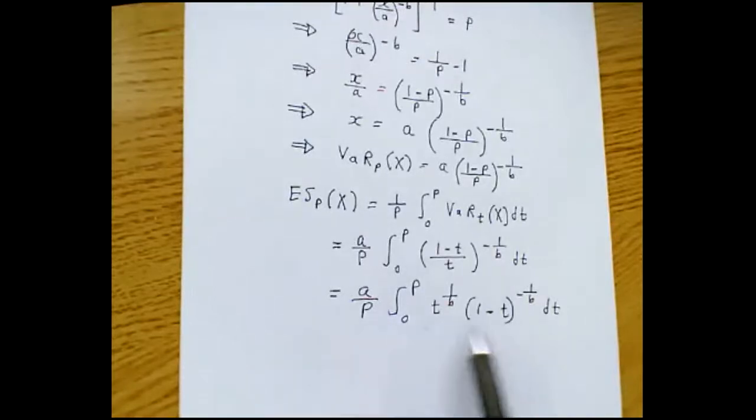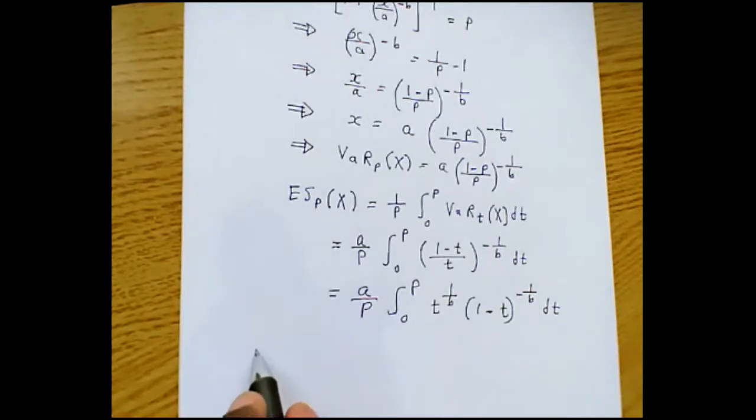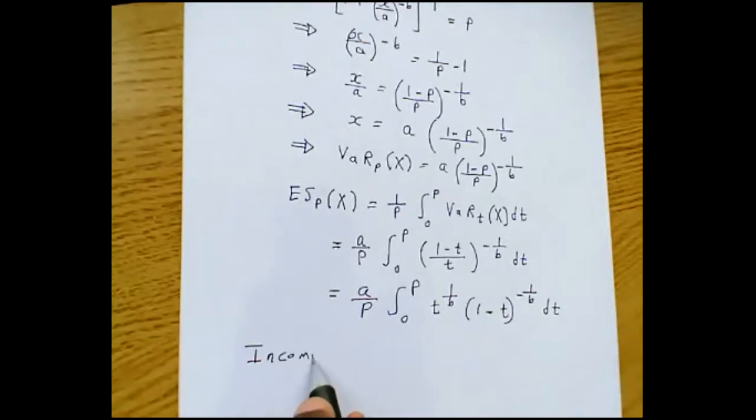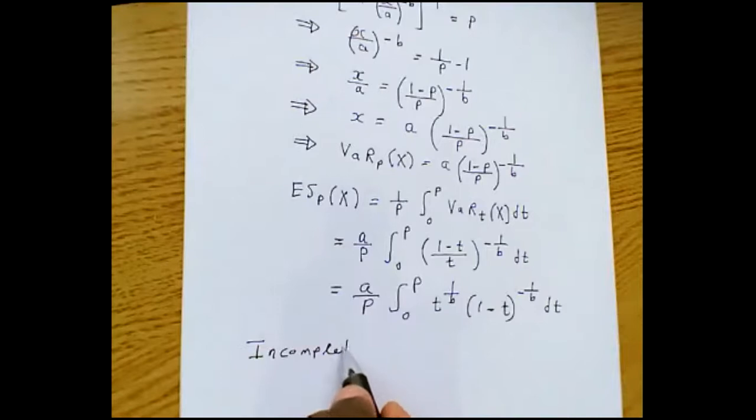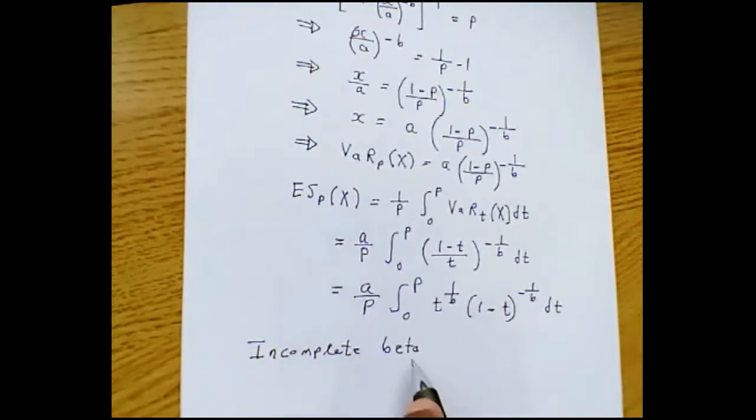Now, if you were in my class on Tuesday this week, you will remember this kind of integral is known as the incomplete beta function. Now, if you were not in my class, I will write it down again. You probably know that I did a video on the beta function as part of the preliminary section of the YouTube channel. So this is an incomplete version of the beta function.